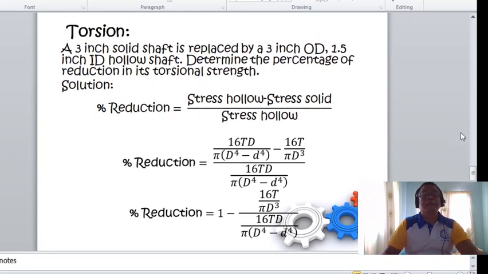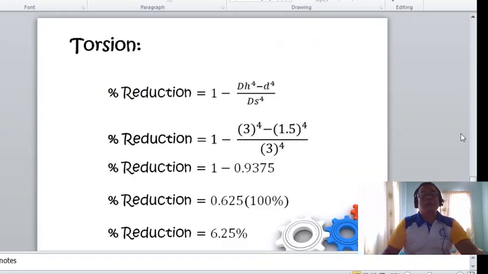Okay? So that is now equal to, percent reduction equals 1 minus, eliminating pi and T, the diameter of the hollow shaft to the 4th minus the inside diameter of the hollow shaft to the 4th, divided by the diameter of the solid shaft raised to the 4th. Okay?